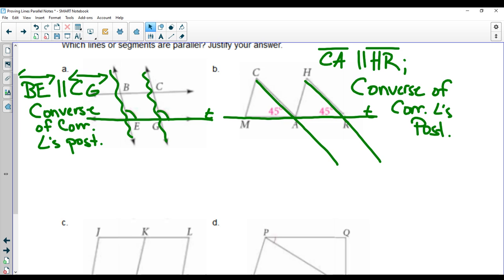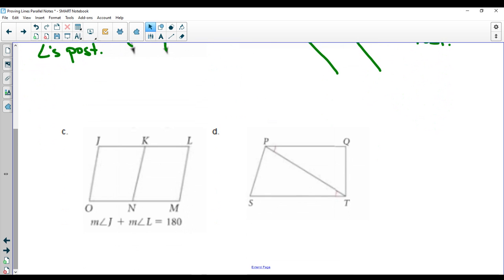Okay? Let's go down here. So they tell us that the measure of angle J, so I'm going to mark it, plus the measure of angle L equals 180. Now, since they equal 180, I'm going to give them two different markings, two different arcs.